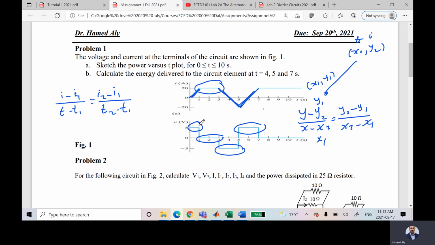But if you didn't find the right answer for the straight line from the graph, you will lose marks because I didn't see any step. I saw you drawing something, so probably you will lose the whole mark for that part because I'm not seeing anything except the graph. If it is right, you will not lose anything. Any question, guys?